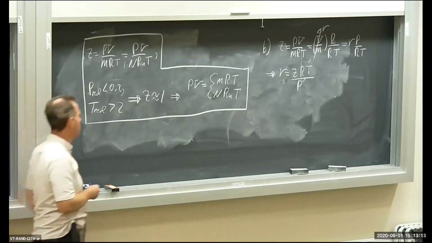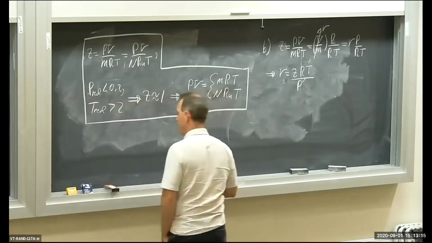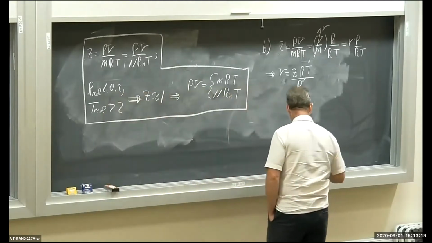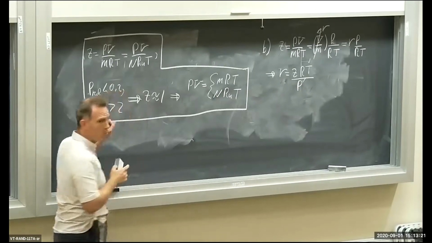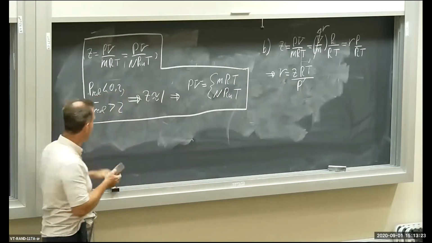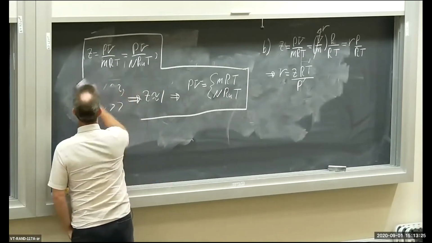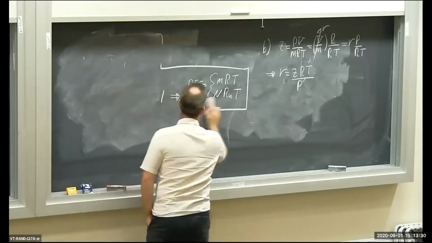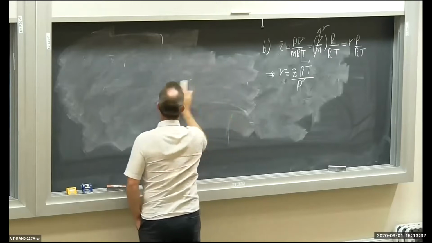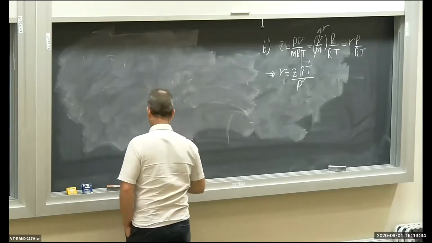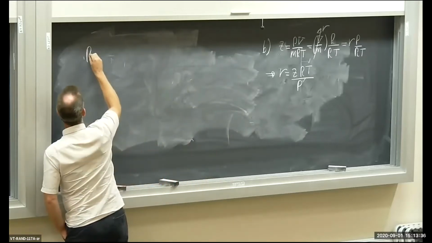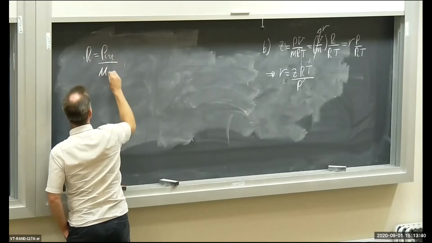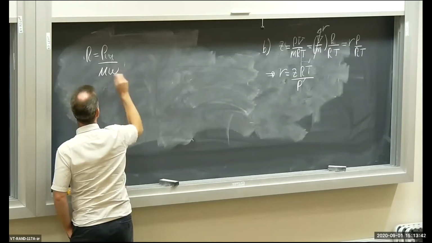Got this in your notes? Hope so. I'll start working on the gas constant. R is equal to the universal gas constant divided by the molecular weight for the material.